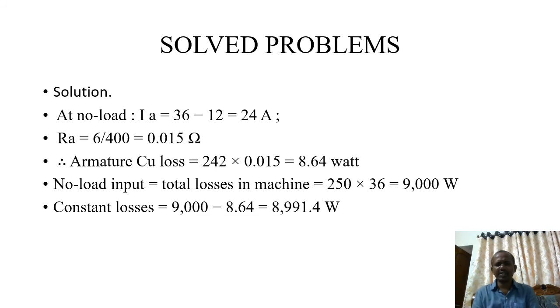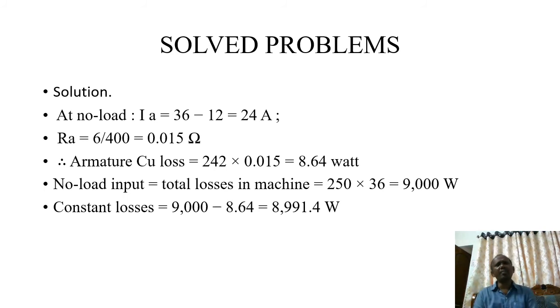Armature resistance, which is a rest machine having some resistance, that is Ra is equal to 6 by 400, which is 0.015 ohms.